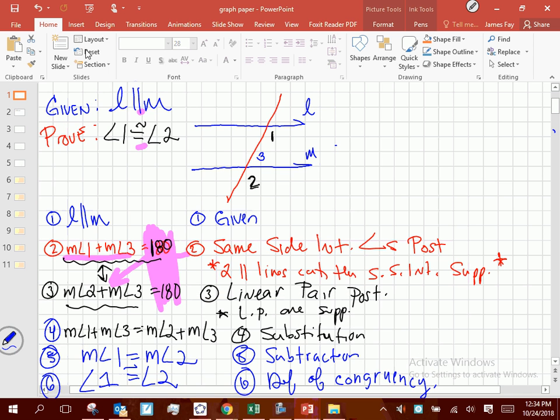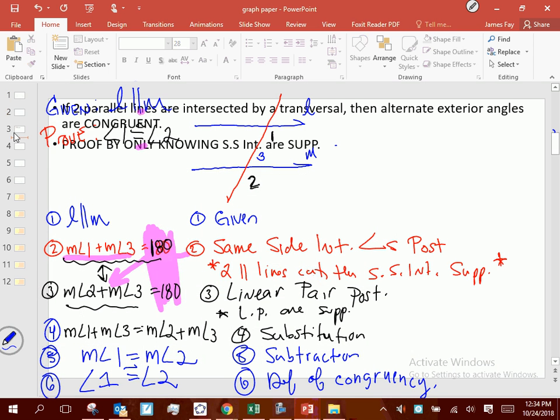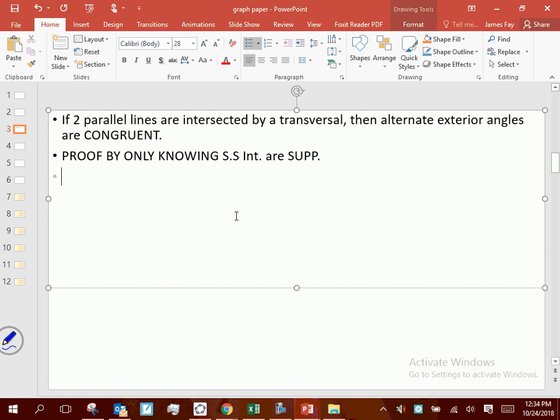I want to do one more. If 2 parallel lines are intersected by a transversal, then alternate exterior angles are congruent.